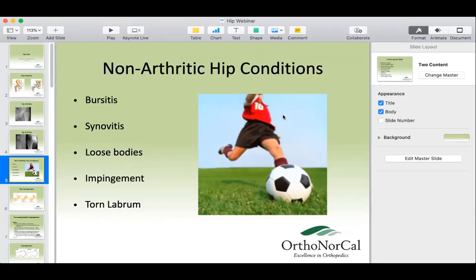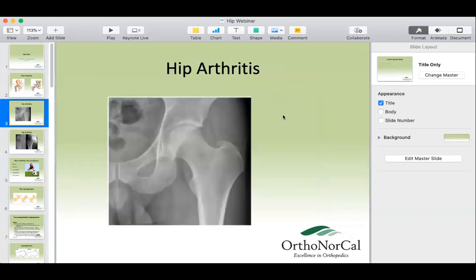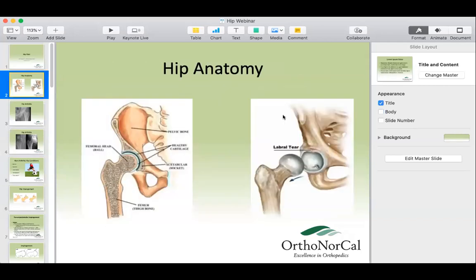Going back to the picture that I showed before, the labrum is a connective fibrous tissue which forms a ring around the rim of the socket, and you can see that in cross section on the picture on the left, and you can see it end on on the picture on the right, and that actually is demonstrating a labrum tear. You see that line demonstrating the labrum, where the labrum itself appears to be peeling or tearing away from the bone.